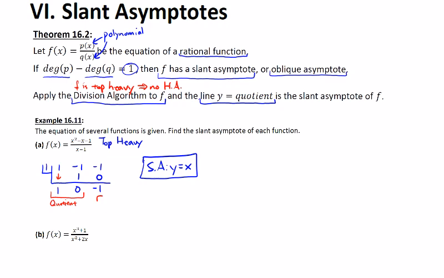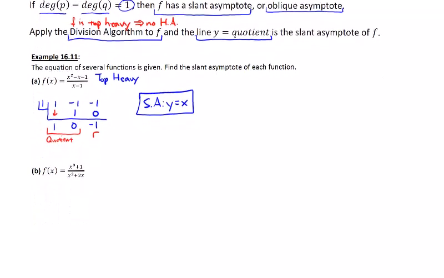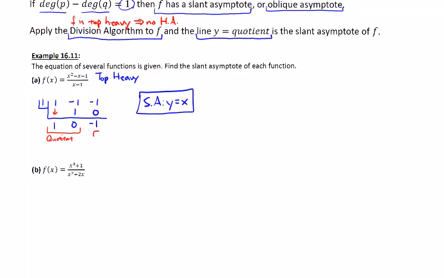Let's try this for part B. We have another function's equation given, and it is f of x equals x cubed plus 1 divided by x squared plus 2x. Again, this is top-heavy, and not only is it top-heavy, it is top-heavy by exactly 1 degree, with the degree of the top being 3, the degree of the bottom being 2. There's a difference of just 1. So with that, I want to go ahead and apply my division algorithm, and because of the divisor being x squared plus 2x, I'm not going to be able to get away with using synthetic division here.